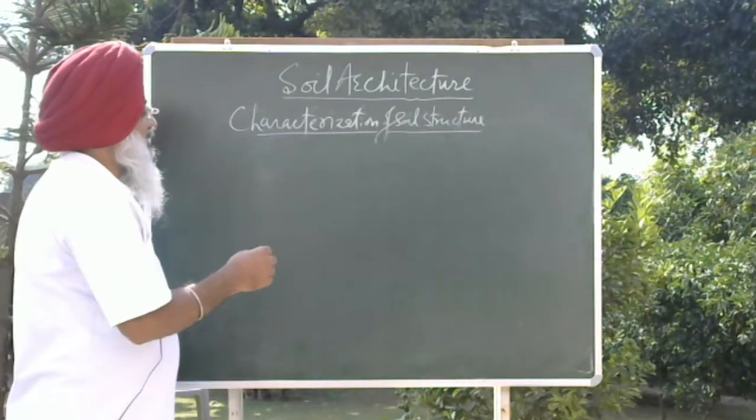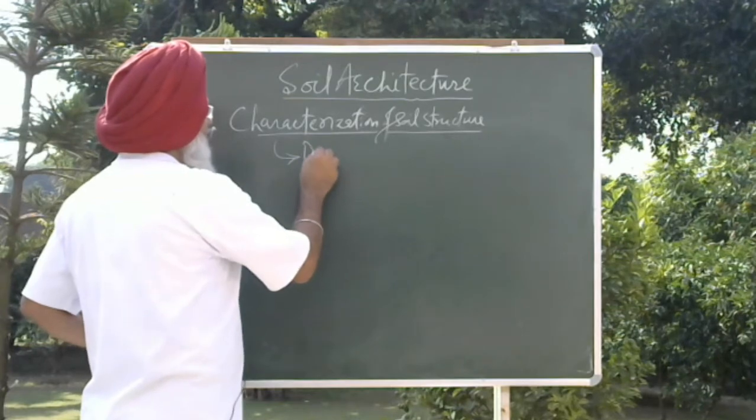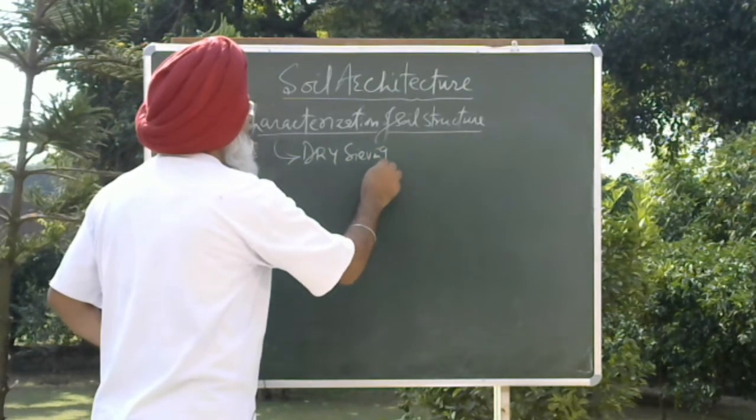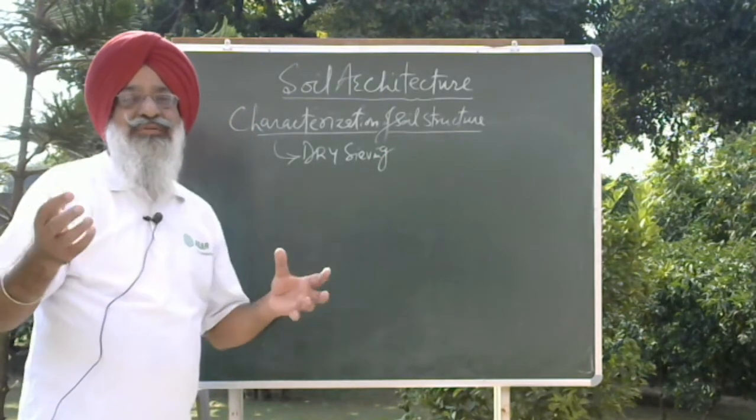So, we can characterize soil structure on two bases. One is dry sieving, because when you have to go for different sizes of aggregates, you have to sieve the aggregates so as to separate the different types.